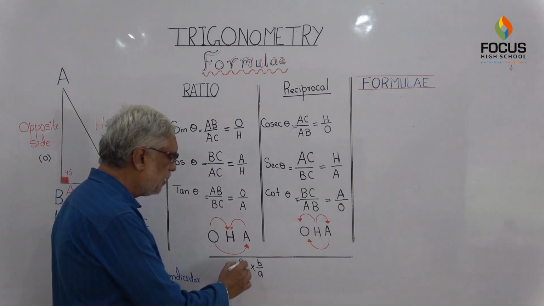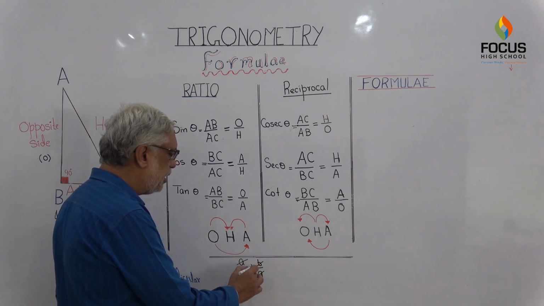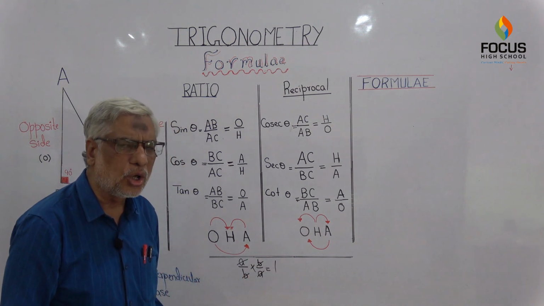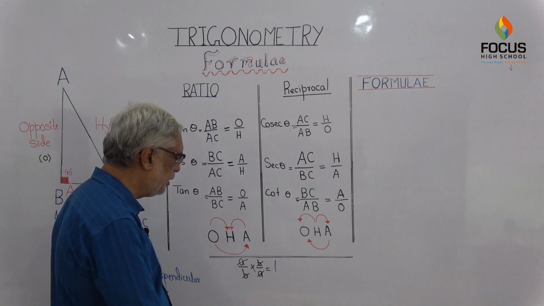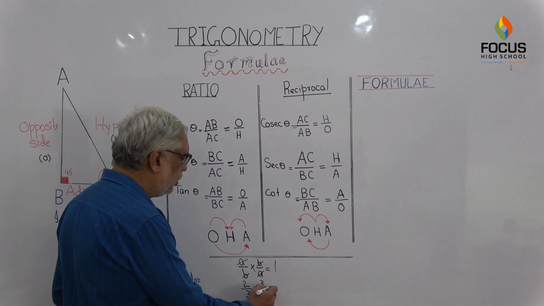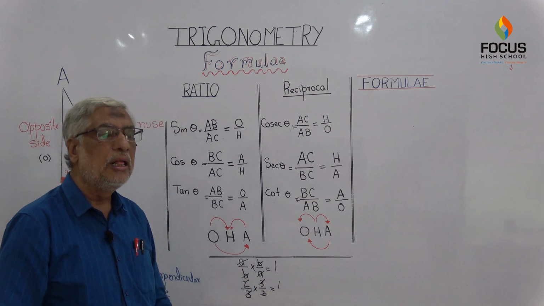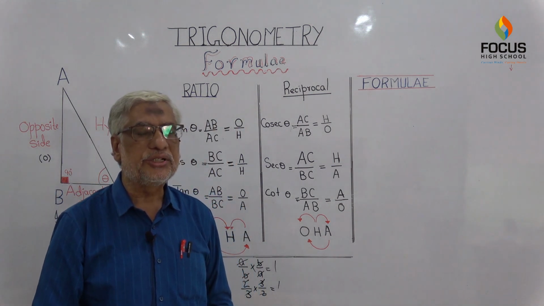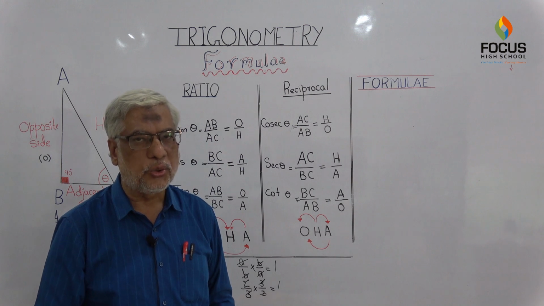What happens is this A and B all get cancelled, my answer will be 1. Is it always the same? Let me take an example with numbers. 2 by 3, reciprocal 3 upon 2, 3 and 3, 2 and 2 cancel, 1. So, take any ratio, any fraction and multiply with its reciprocal, the product is always going to be 1.